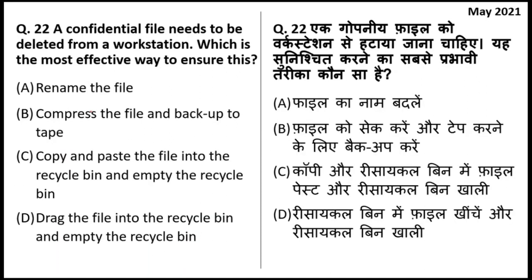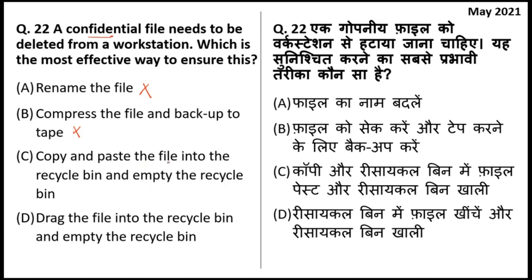A confidential file needs to be deleted from a workstation. What is the most effective way to ensure it? Confidential file means a secret file which you want to delete. If you rename the file, that is also not a good option because anyway it is going to be there in the computer. Compress the file and backup? Backup means you are keeping it safe on the tape, so that is also not a good option.